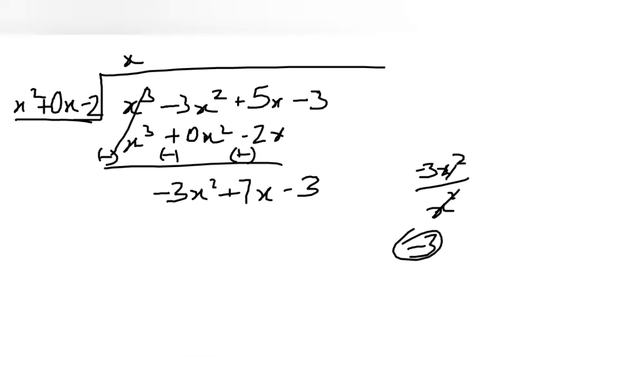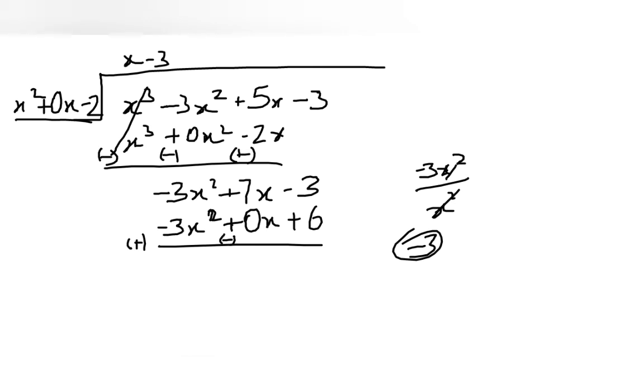Now we multiply the divisor by minus 3, so minus 3x square plus 0x plus 6. Now we change the signs, so plus, minus and minus, so this gets cancelled. Plus 7x minus 0x is 7x, and minus 3 minus 6 is minus 9.